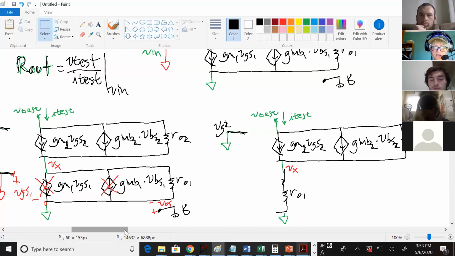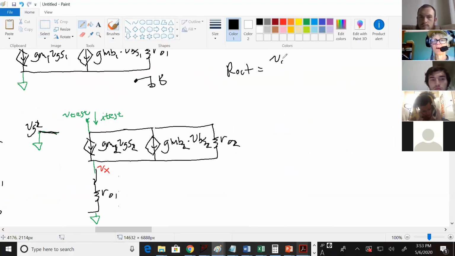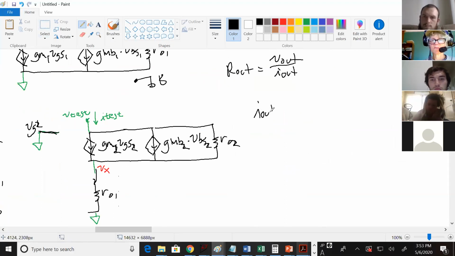Okay, so next step is again, we're trying to find R out, which is V out over I out. And again, I just like KCL better, so I'm going to make an equation for I test, my bad.